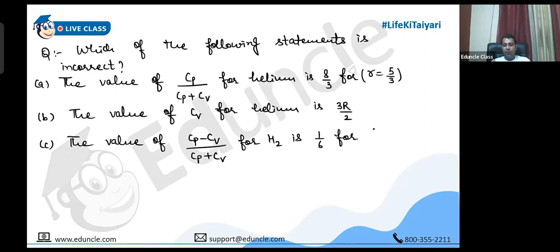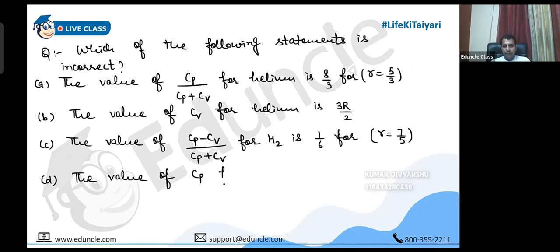Now you have to be careful for all the options in this kind of question. Seven R by 2. Now, please try. Incorrect. Kindly check all the options carefully.